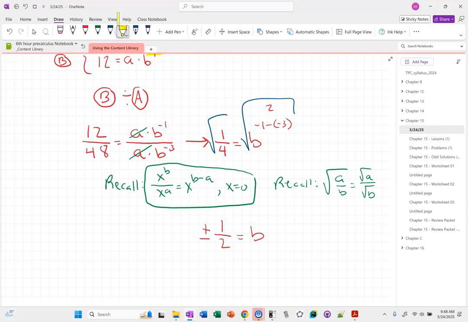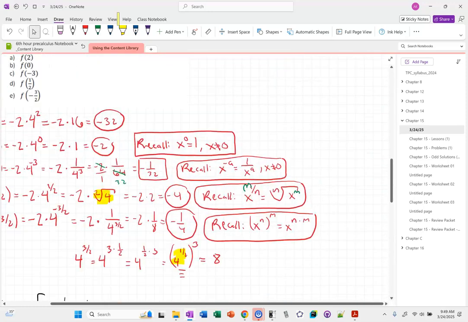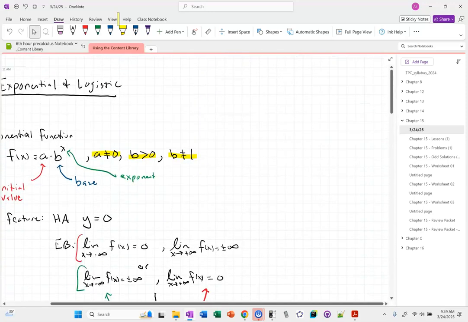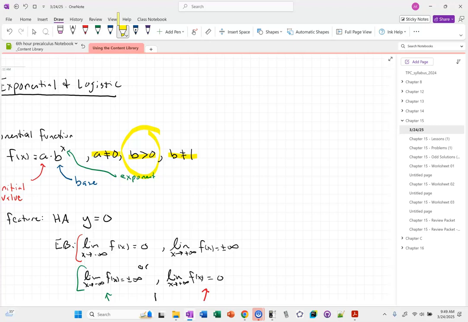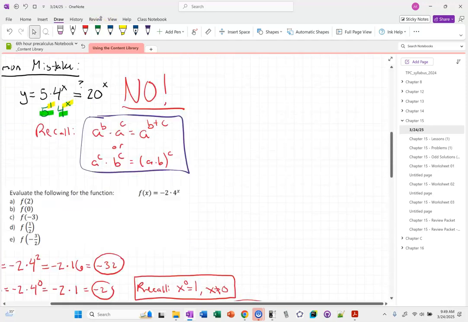Now, plus or minus here, guess what we can do? We're writing an exponential function, right? What are the requirements on our value for b for our exponential function? Has to be greater than 0. Guess what that allows us to do?